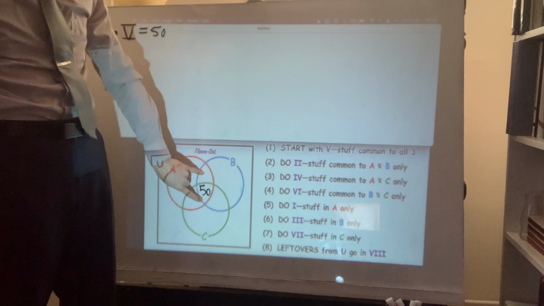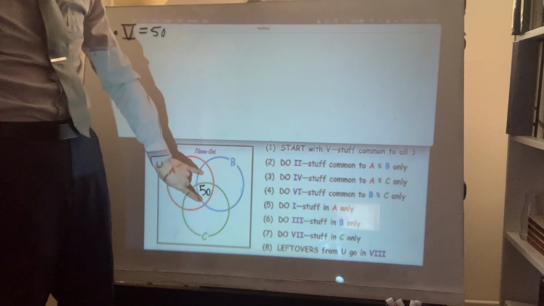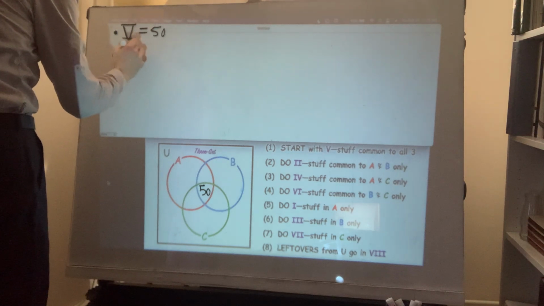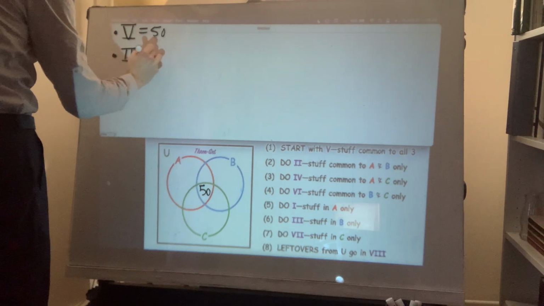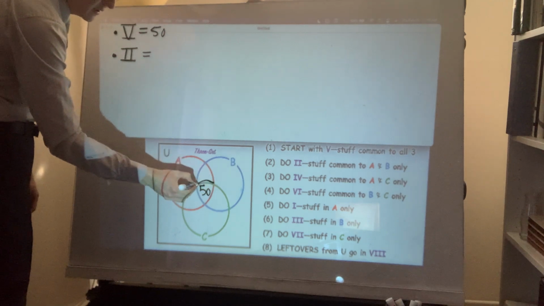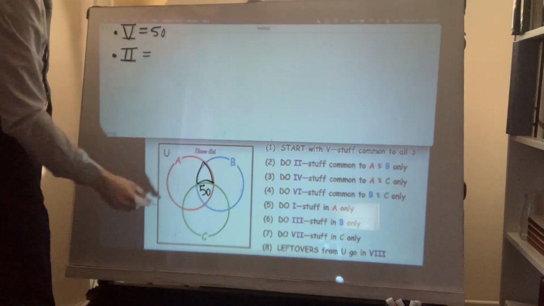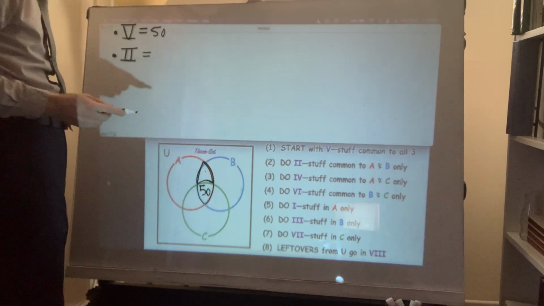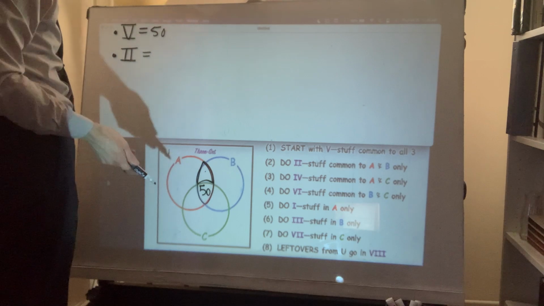So 5, we're going to go now to do 2, all right? In order to use this information, in other words, to arrive at the number of people that are in 2, just from here to here, we would need to know the total in the biscuit, to get a portion of it. And we already know that as well.